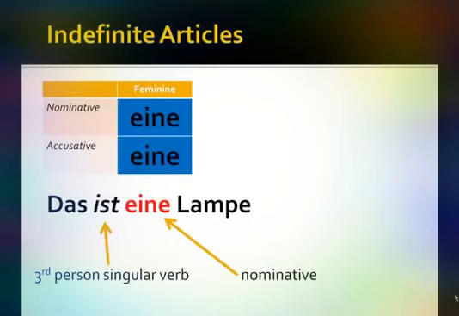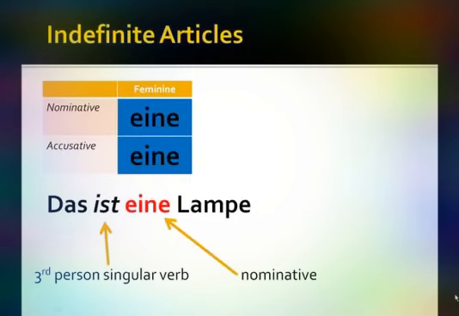And I also know that we're in the nominative case because of the verb ist, I'm talking about the lamp, or a characteristic of a lamp, or I'm simply identifying the lamp as being a lamp. Therefore, there is no action performed in the sentence. So I'm going to be doing nominative case. Das ist eine Lampe. I'm going to use the nominative feminine form of the indefinite article, eine.